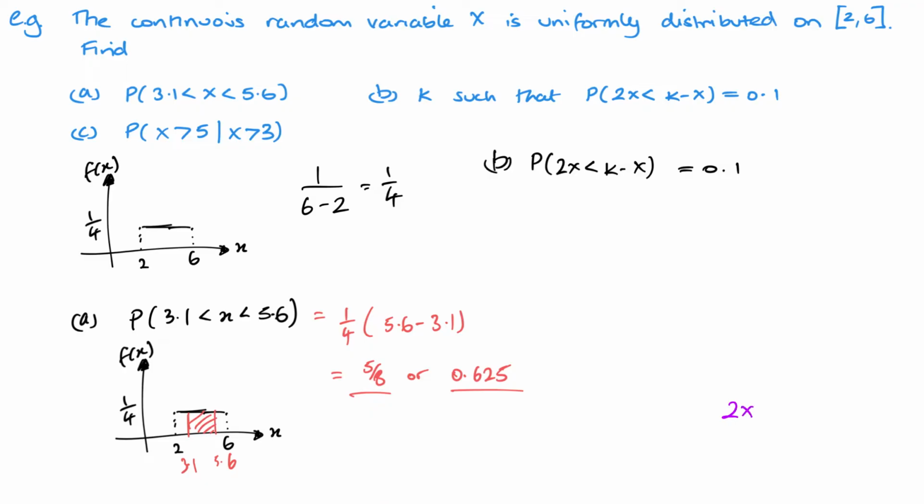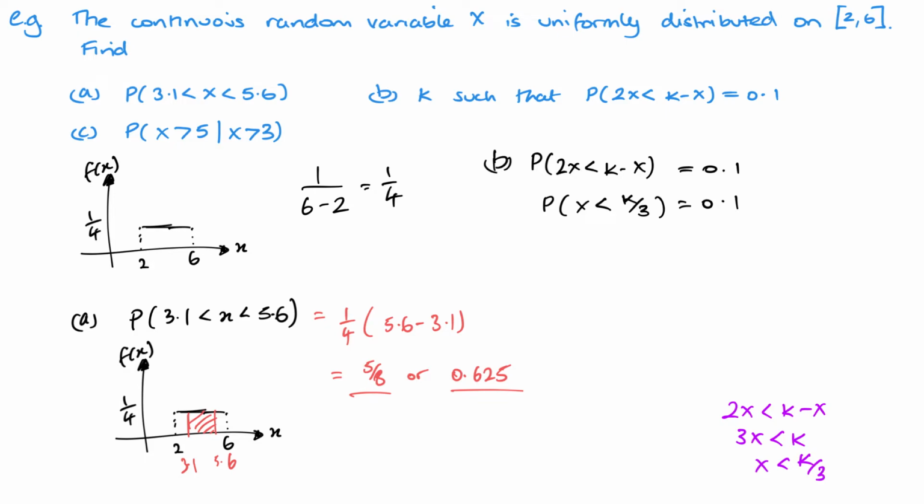So 2x is less than k minus x, 3x is less than k, or x is less than k over 3. So now we've got the probability that x is less than k divided by 3, and we know that's going to equal 0.1.